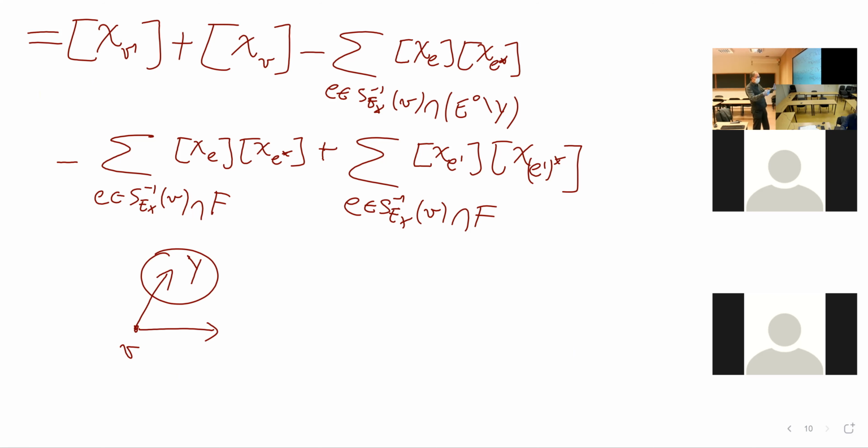So this is what happens in E, but in EX, all edges that end in Y are doubled, because here we have a disjoint part which is Y prime, and every edge which ends in Y also ends in Y prime.